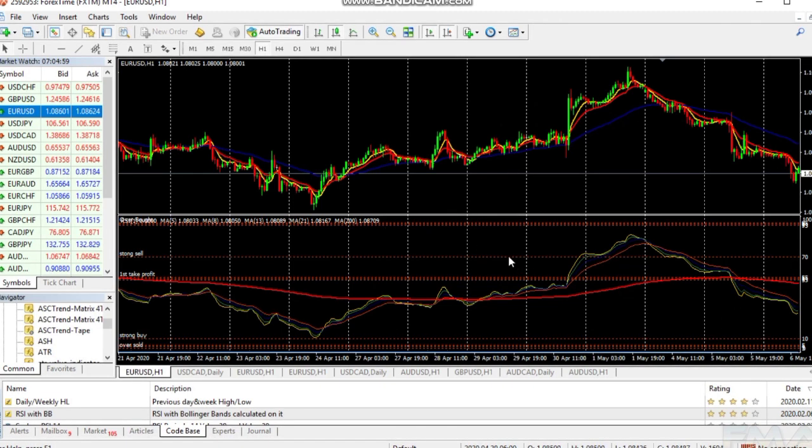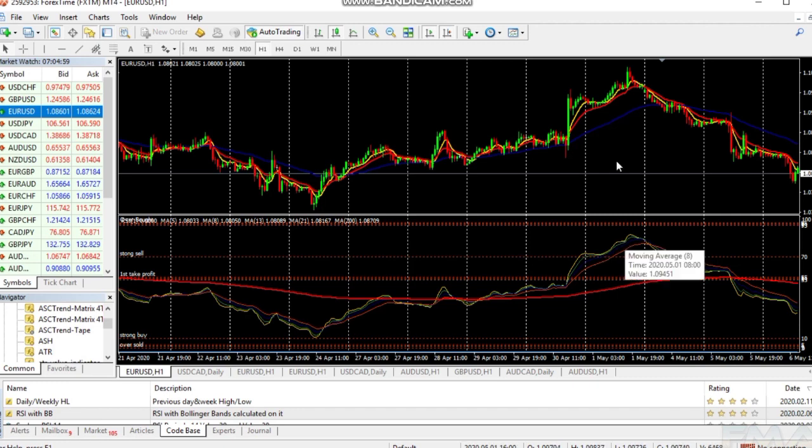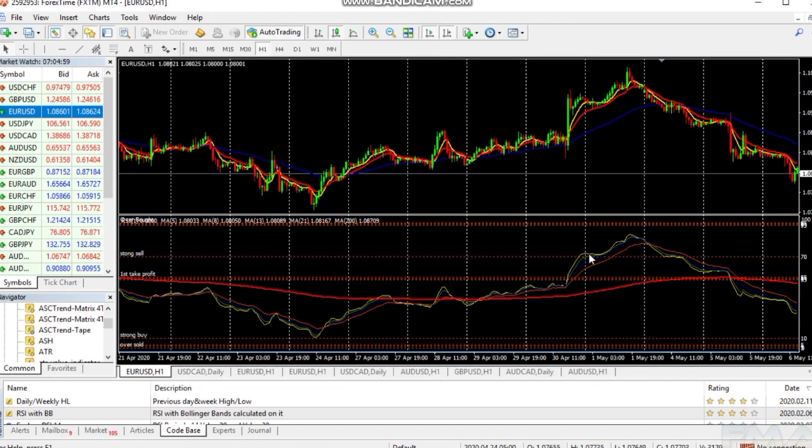So what do I look for in markets? Once the moving averages cross this line, at least touch this strong sell and break above, I look for only sell signals. When it's below here, I look for only buy signals. So it's like overbought and oversold, but not really.